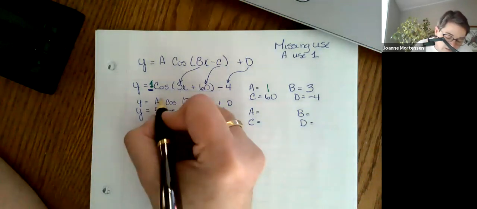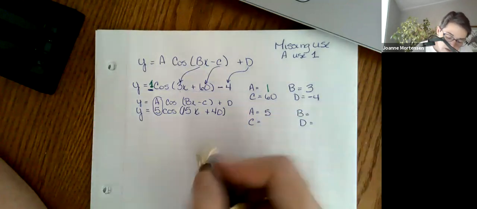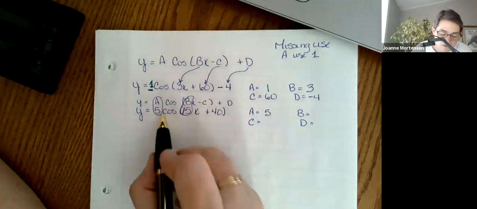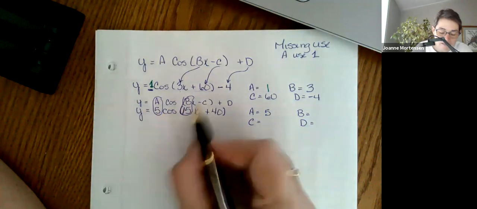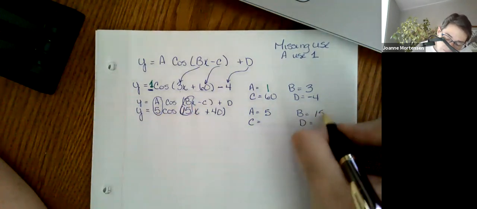We can see clearly that A is 5. A is the number out in front of the cosine. B is going to be the number in front of the x, and it's 15.